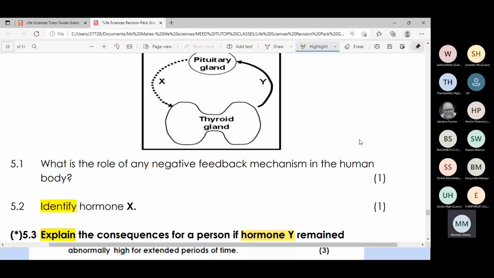Okay, grade 12s, are we writing? I hope we are writing down. And while you are busy, I will highlight specific keywords in 5.1 as well.